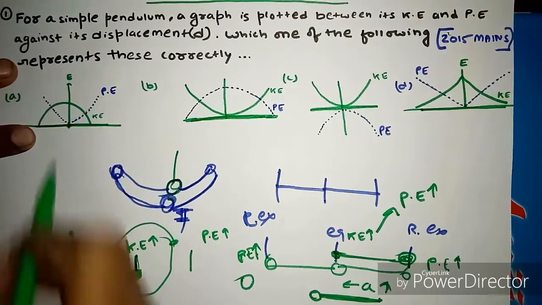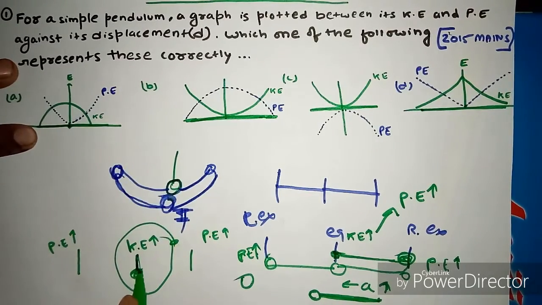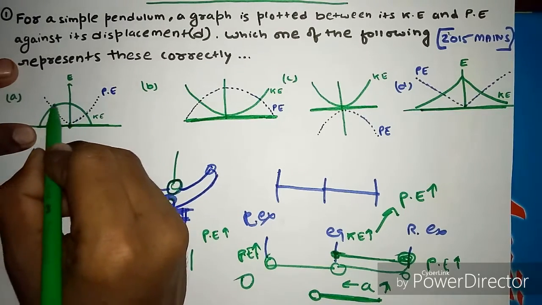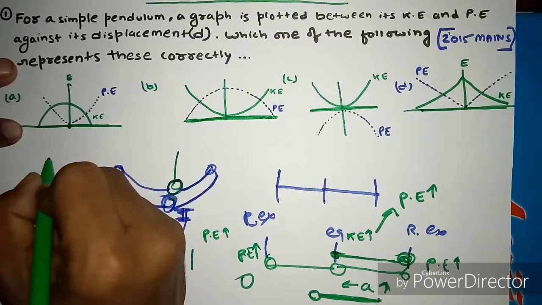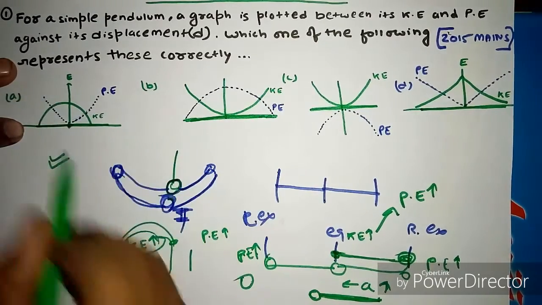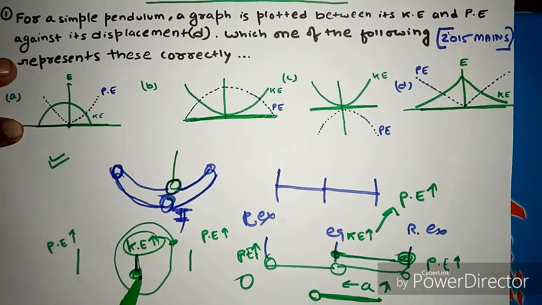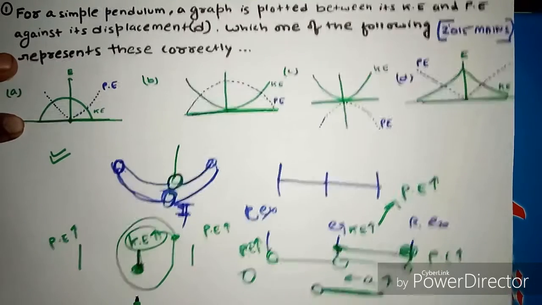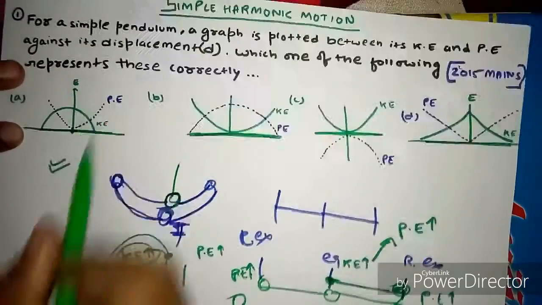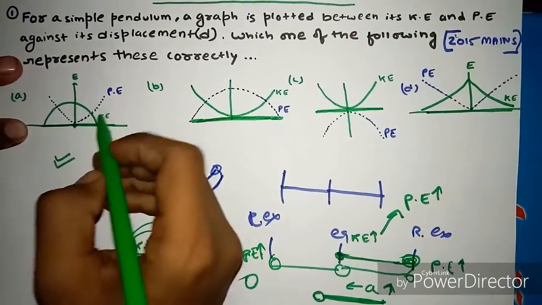At the origin, as we proved here, kinetic energy is maximum. So this graph somewhat satisfies us. And it says that at equilibrium potential energy is 0.